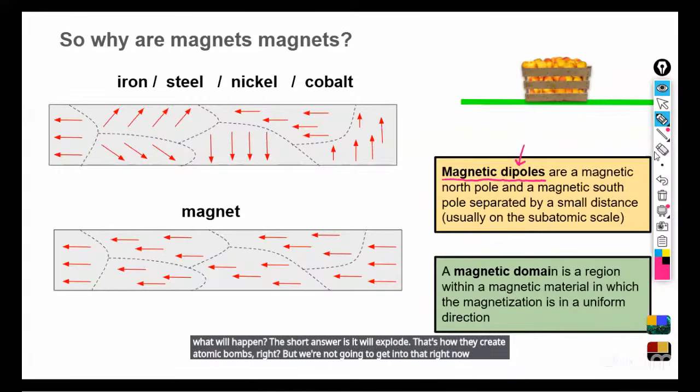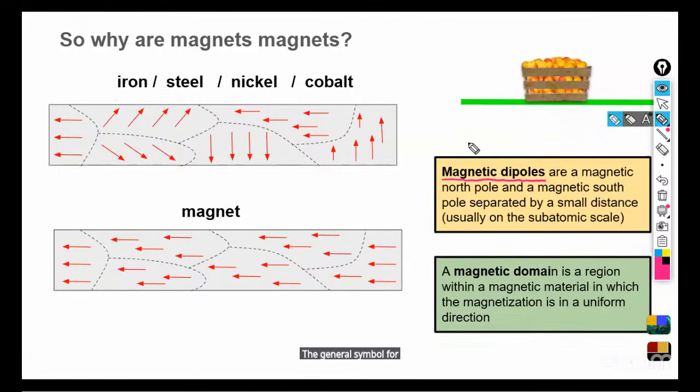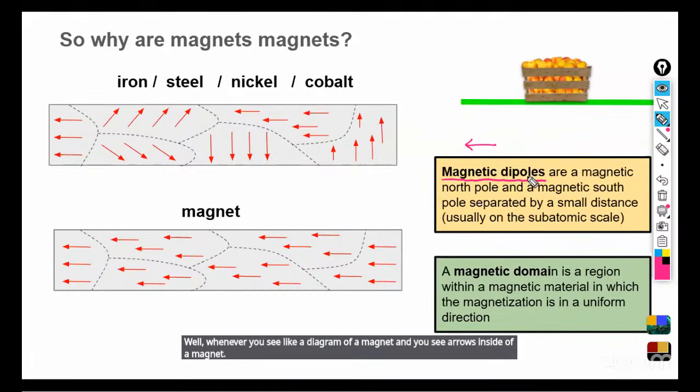Now, the general symbol for a magnetic dipole is an arrow. Whenever you see a diagram of a magnet with arrows inside it, they represent magnetic dipoles. The arrowhead represents the north as usual, and the end of the tail is the south.